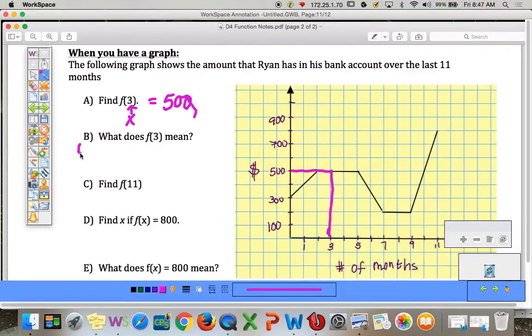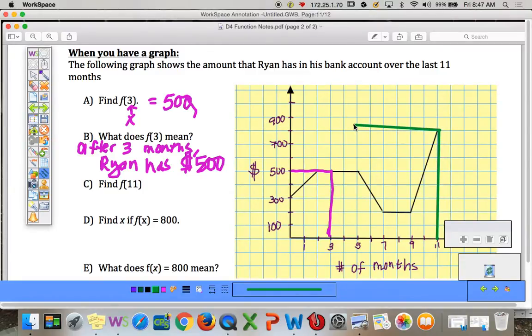So it means after 3 months, Ryan has $500 in his bank account. Find f of 11. That means after 11 months, so here's 11 months, he has $800 in the account. So this is 800.